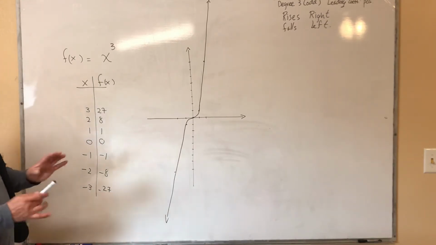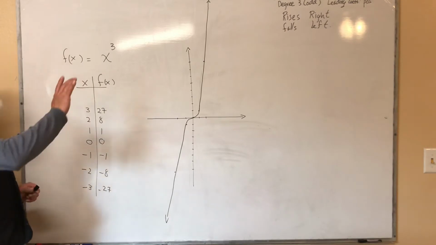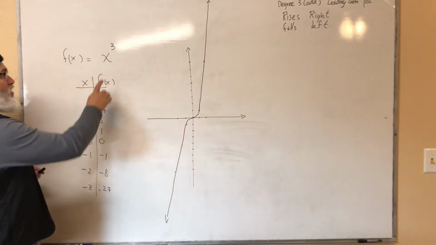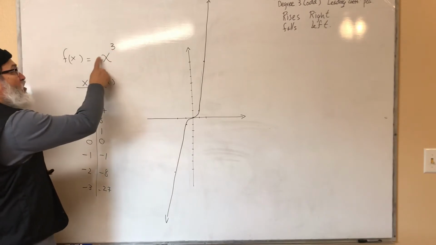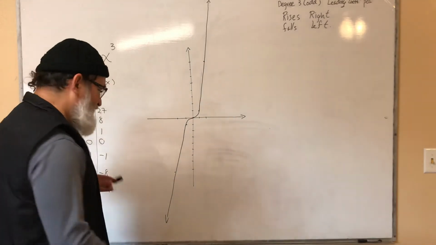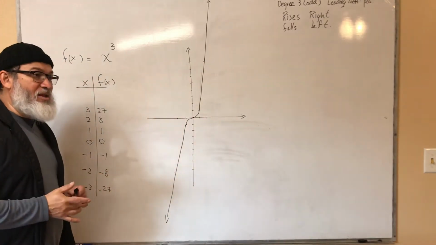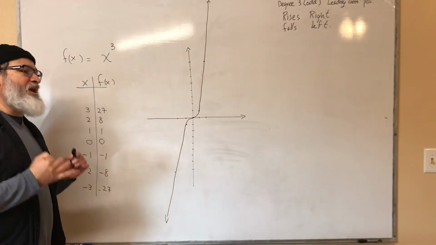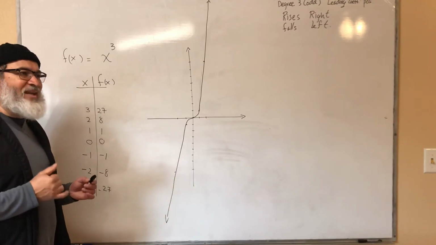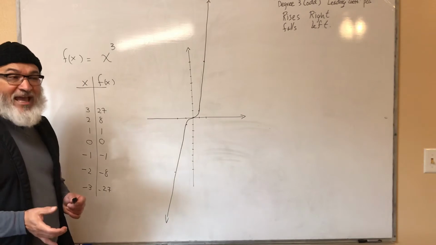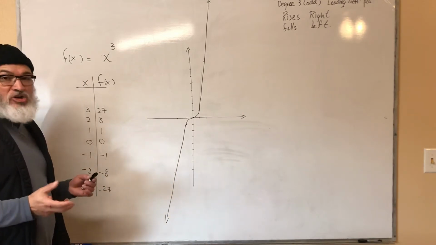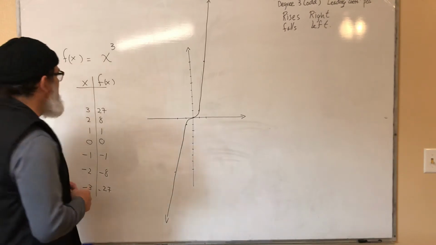The end behavior, it rises to the right, falls to the left, when the degree is odd and the leading coefficient is positive. So we are learning the behavior of polynomial functions by looking at their degrees and their leading coefficients. That's what we're trying to learn right now.